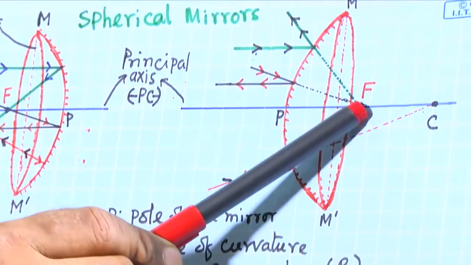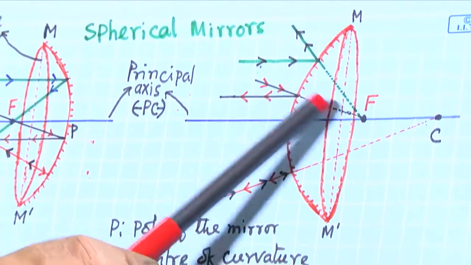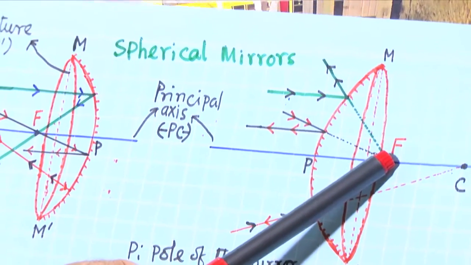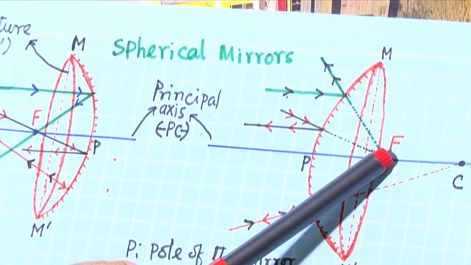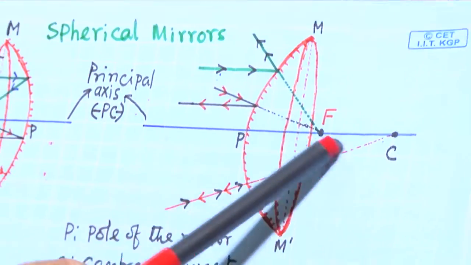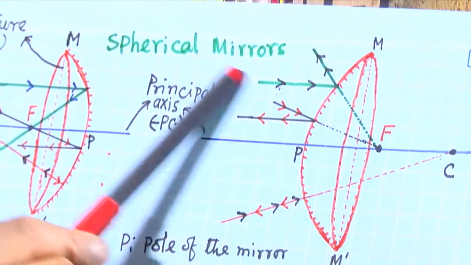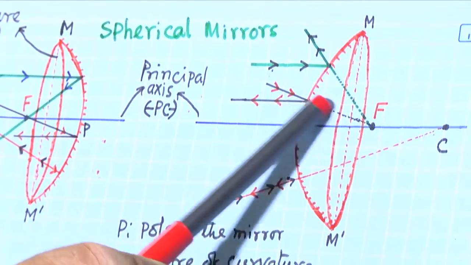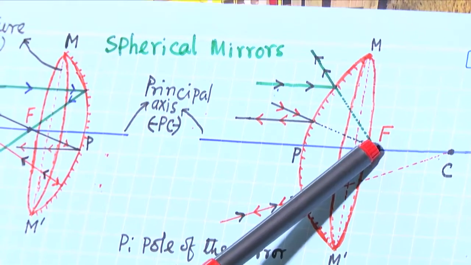So as if the source of this incident ray is here, or it is following this incident ray which is passing through this F, right.